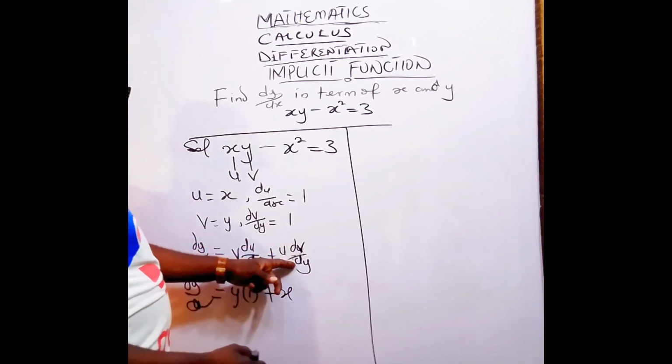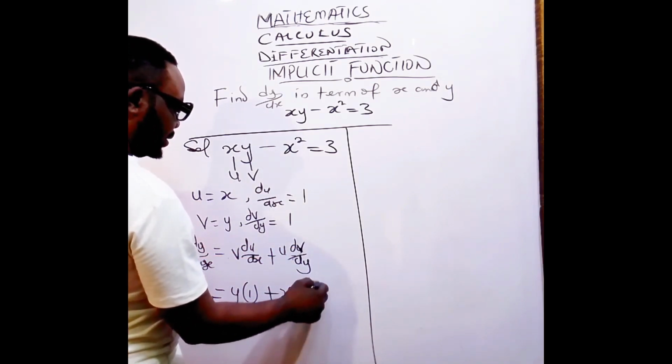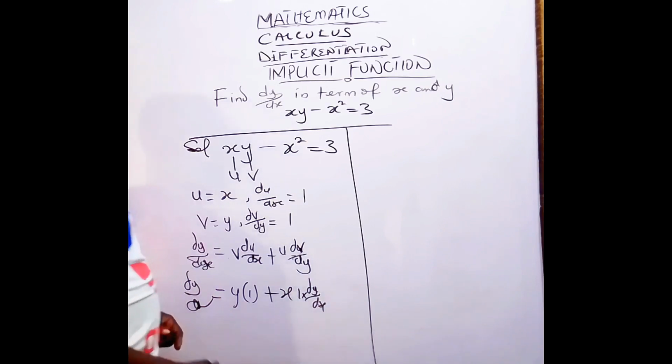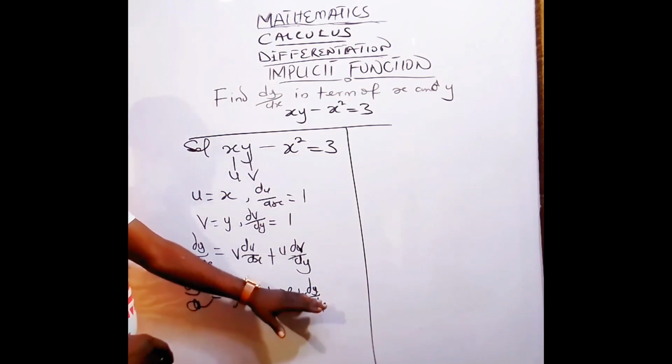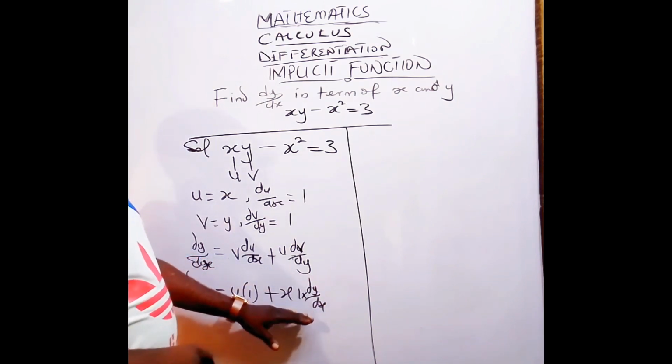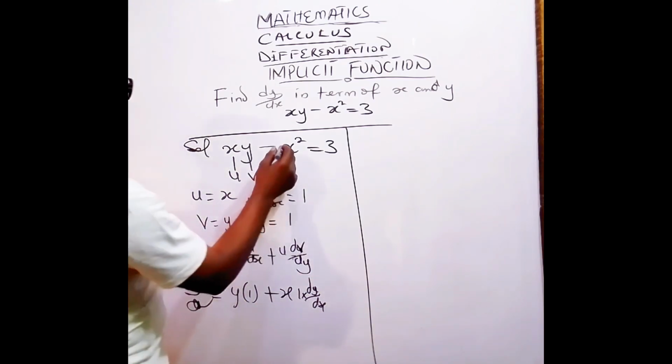What is dv/dx? That's 1 multiplied by dy/dx. So wherever you have the value of our y, you must also make sure that you insert dy/dx there.